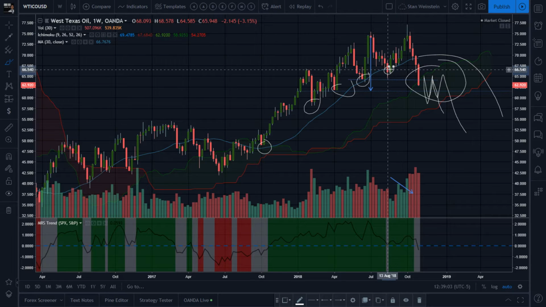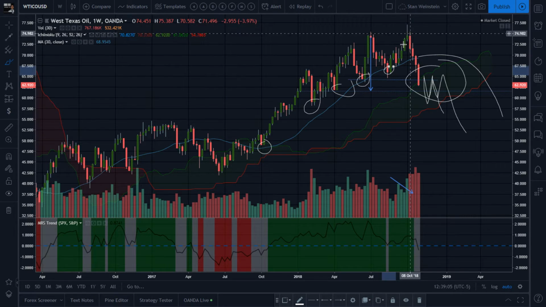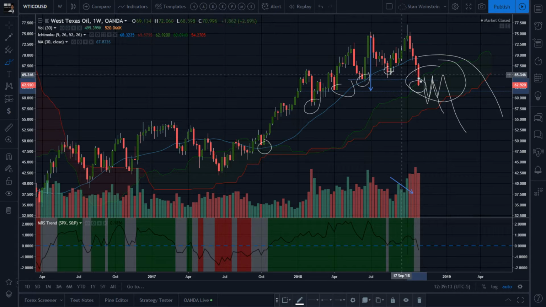Indications that something's up. Still went for another go to try to beat those previous highs. Sellers coming in, refuting it, and then going down. And then right there, if you didn't respect that 30-week moving average, then it made you suffer a couple of weeks. You should have exited it right there.